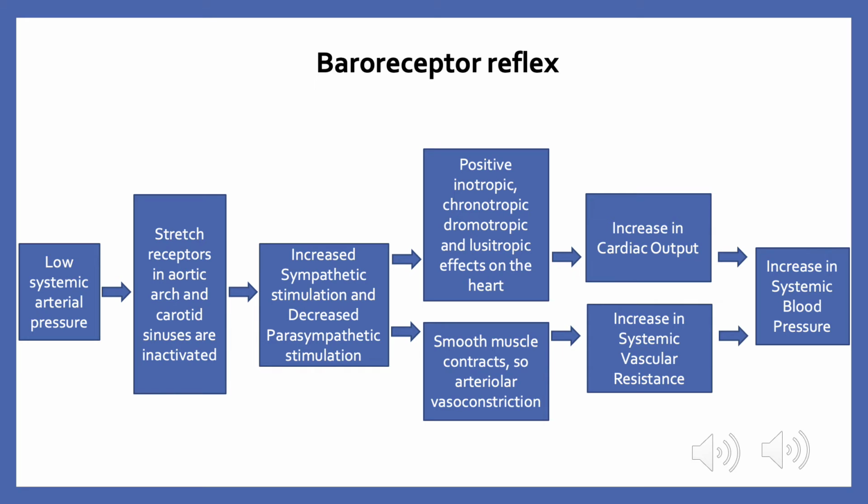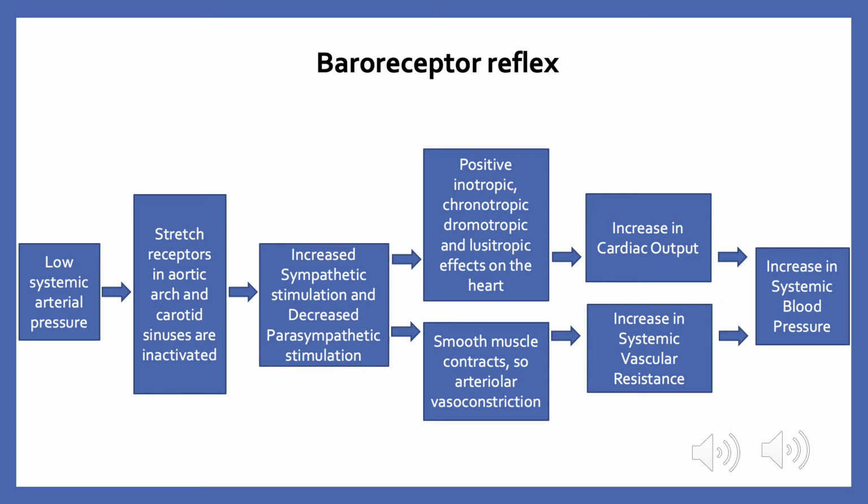As for the effect on the arterioles, smooth muscle of arterioles will contract, and this will result in arteriolar vasoconstriction. As we said previously, whenever there is a decrease in blood pressure, what we want to do with the blood vessels to increase the blood pressure is vasoconstriction.